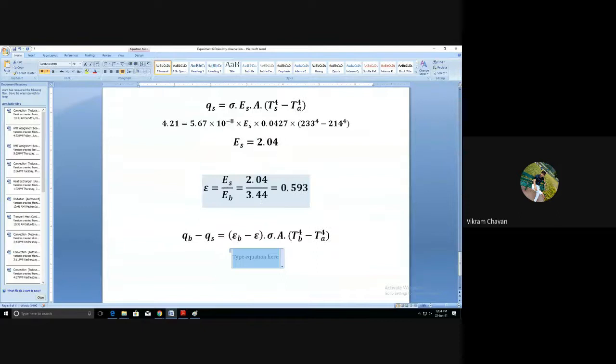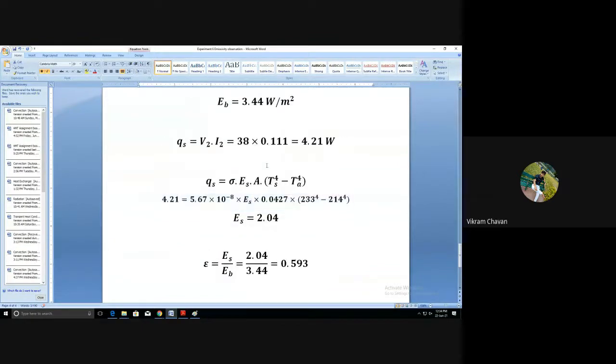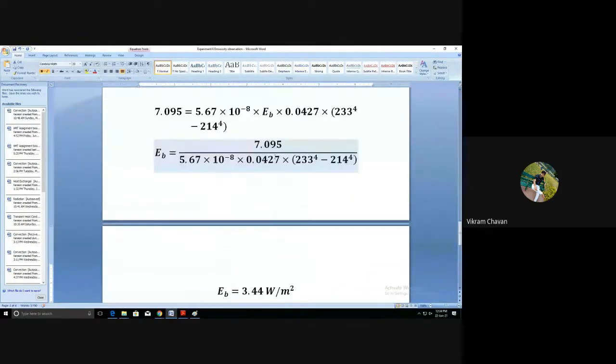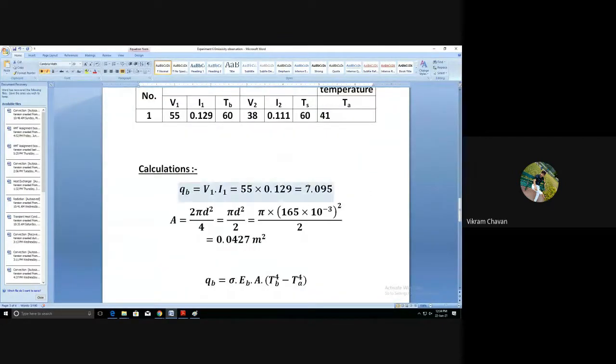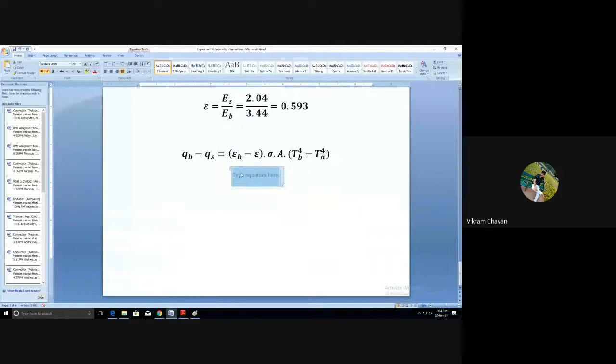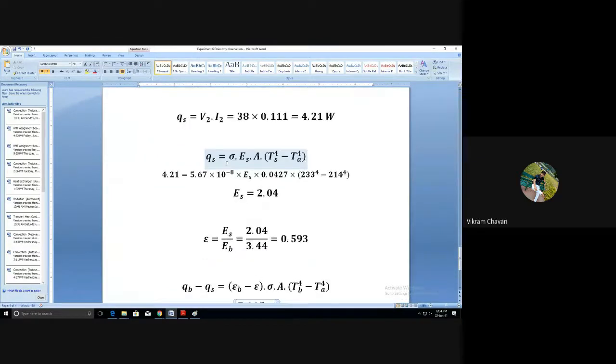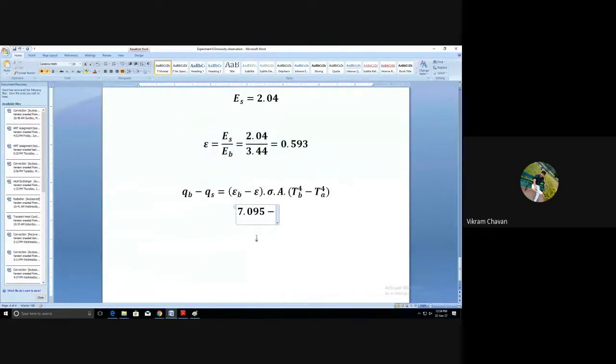QB value is 7.095. 7.095 minus QS, 4.21, equals.